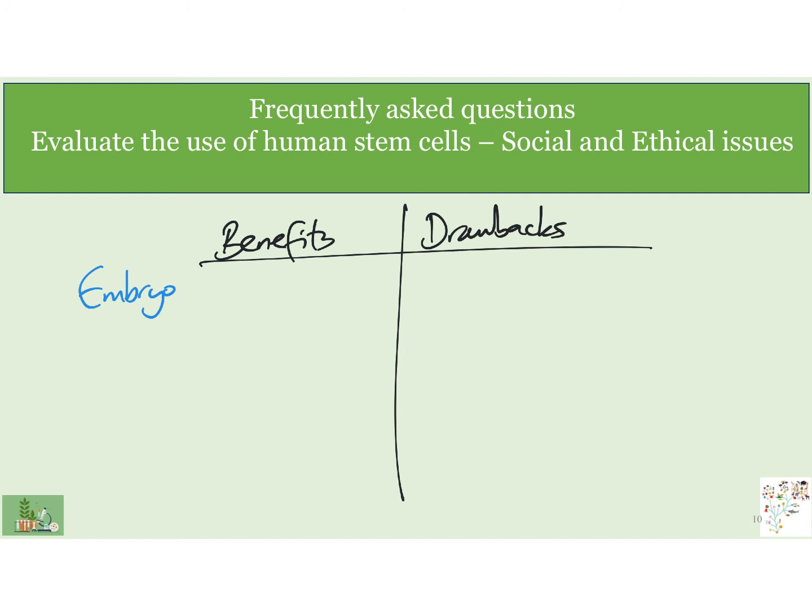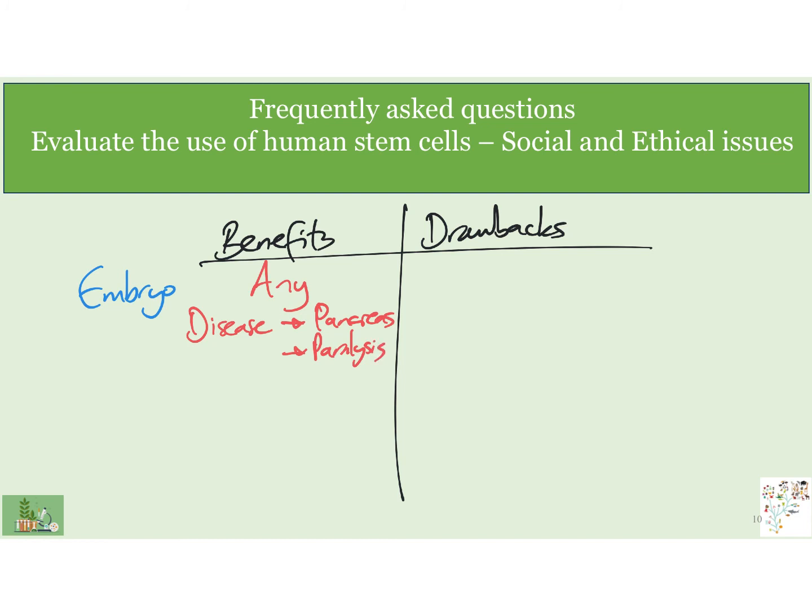So the benefit of embryo stem cells, already mentioned, is they can become any cell or organ, which means they can be used to treat diseases. To give an example, you might be able to recreate a pancreas for somebody who's got diabetes. You might be able to treat paralysis, which is incredibly useful.